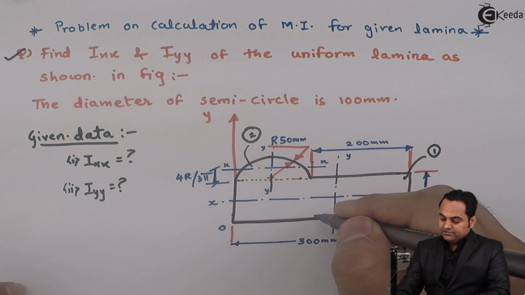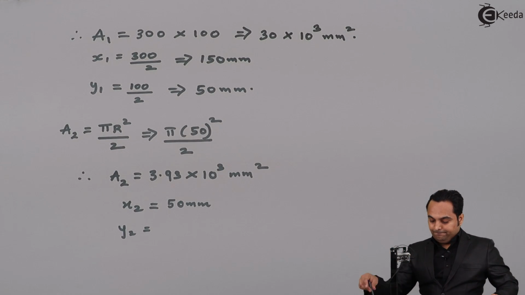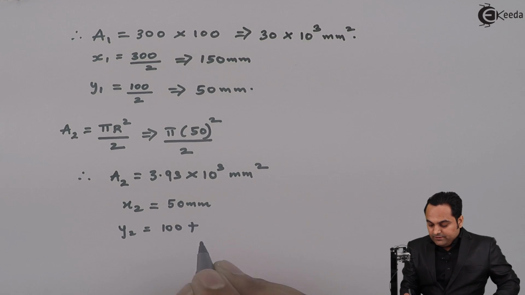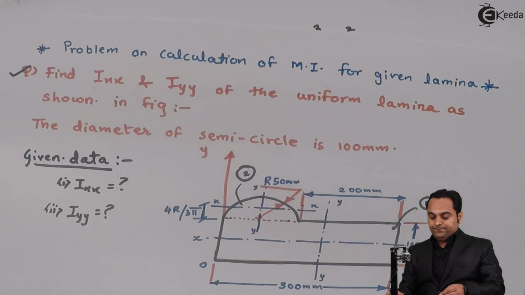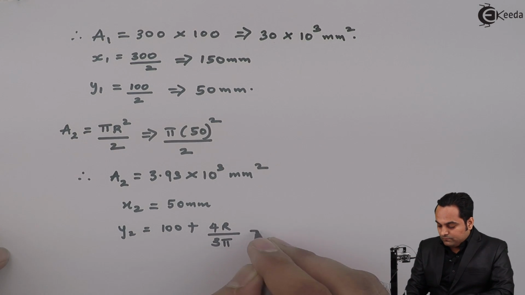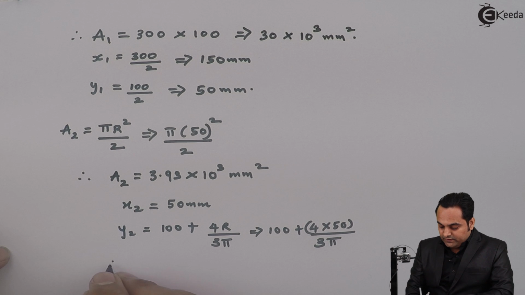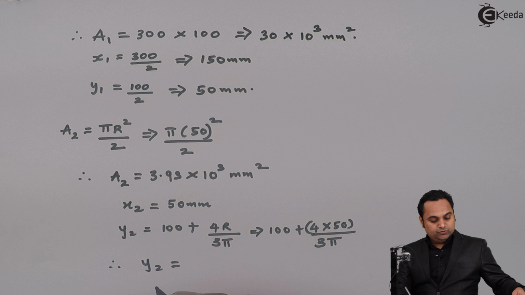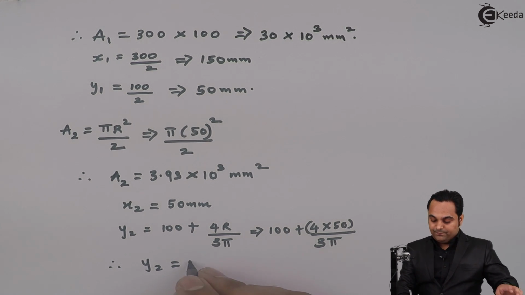So that will give us the distance y2. So it will be 100 plus 4r upon 3 pi, radius is 50. So therefore y2 value, it comes out to be 121.22 mm.